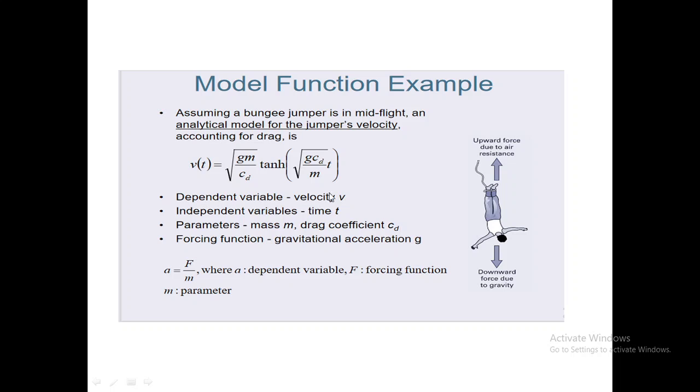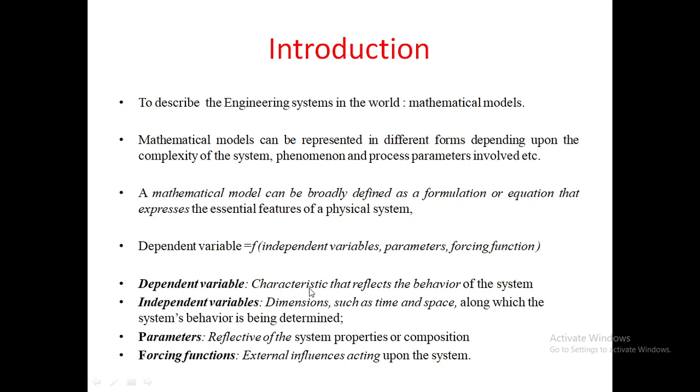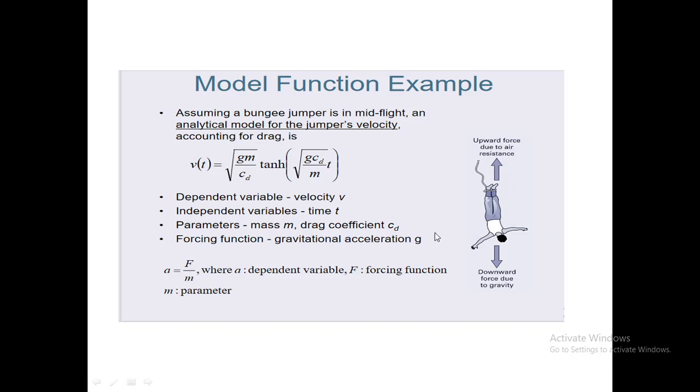If you make the formula for that, you will get vt equal to root of g m divided by Cd. Which is the dependent variable? The velocity v is the dependent variable, the characteristic that reflects the behavior of the system.